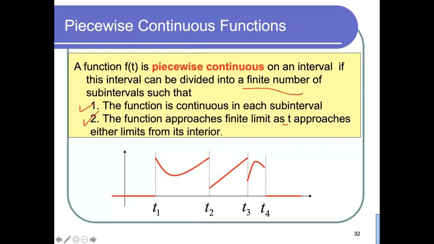So if this part looks like this, where this goes to infinity, then it's not a piecewise continuous function. But because it's a finite number at the limits of each subinterval, then it is actually a piecewise continuous function. So in every piece, it is continuous, and at every limit, it has a finite value. And the number of subintervals is actually finite.